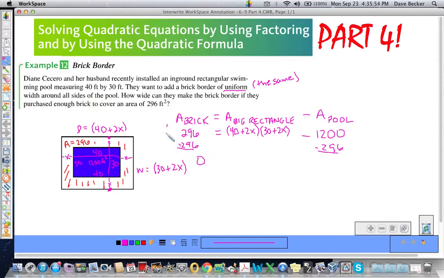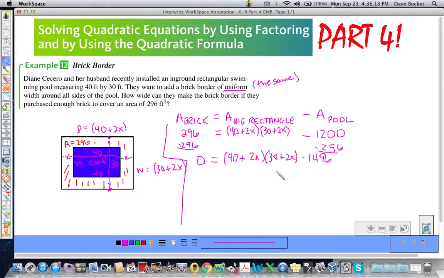Here, let me put a line here just so we don't get it confused. Okay. 0 is equal to 40 plus 2x times 30 plus 2x minus 1496, right? Negative 1200 and negative 296.